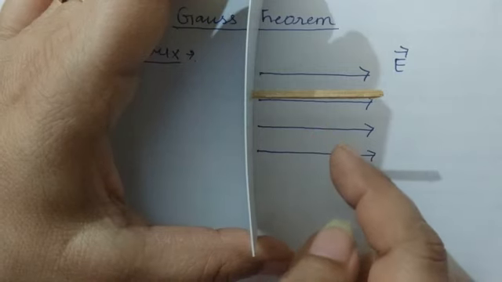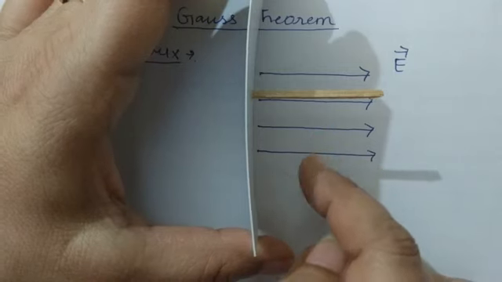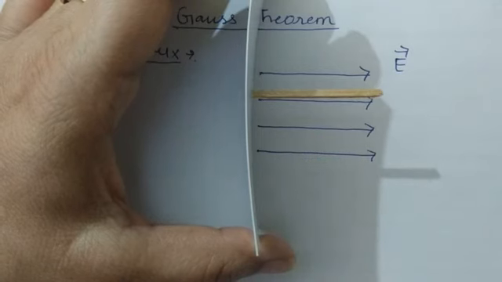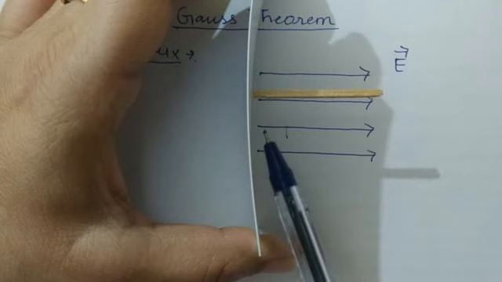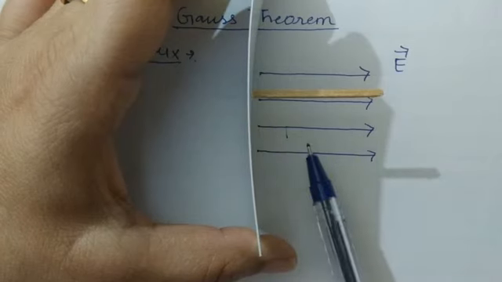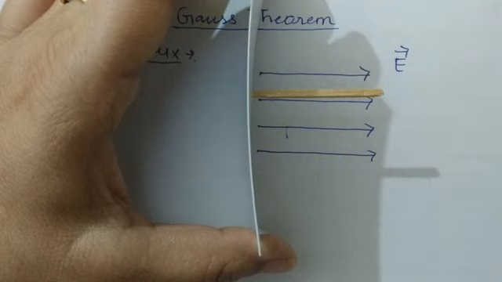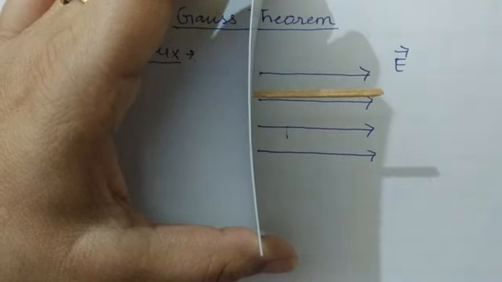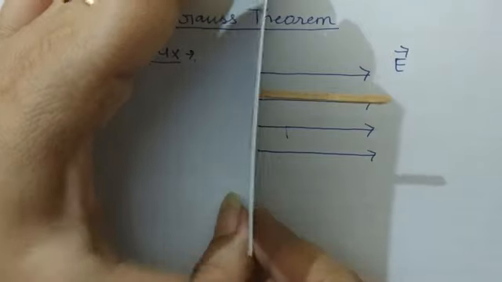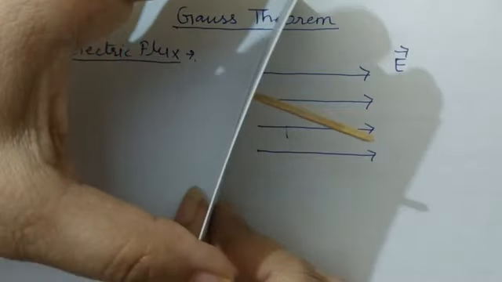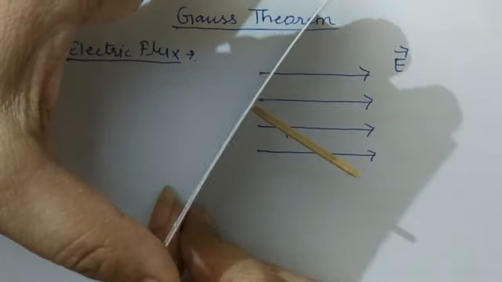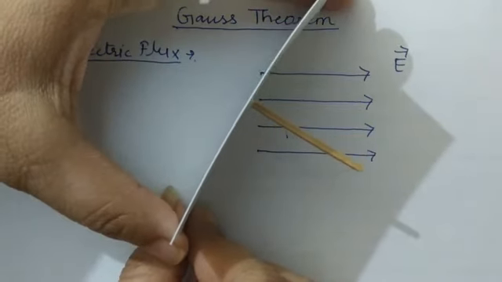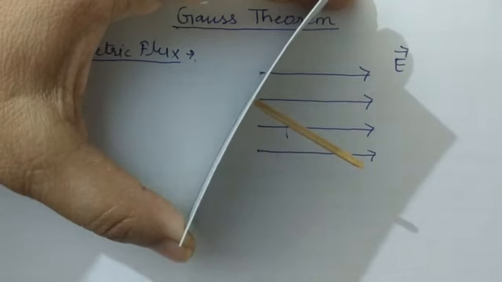So how do we define electric flux? Electric flux is the number of electric field lines which are crossing through this area perpendicular to it. Now suppose the area is not actually in this position. We change the position of the area. Suppose now the area is rotated slightly and it is put like this.